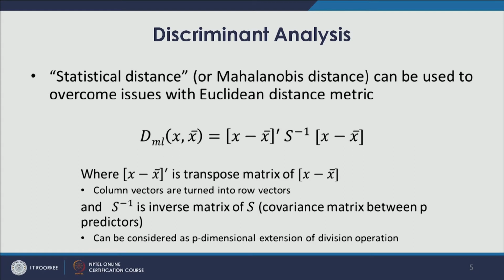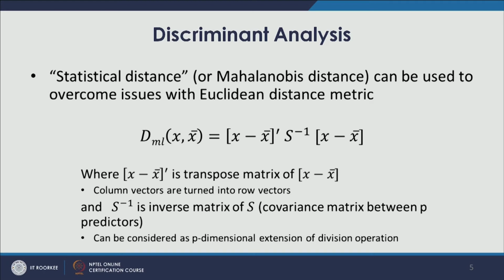So the two important issues, scale dependence and variance, that we could overcome using Z scores are part of this formula, because this is for p dimensional space. So this is taking the same advantage, an extension into p dimensional space, because S is there, which is the covariance matrix.